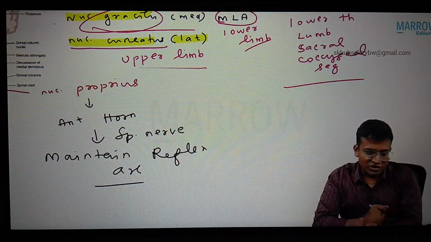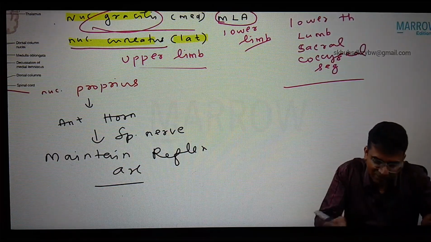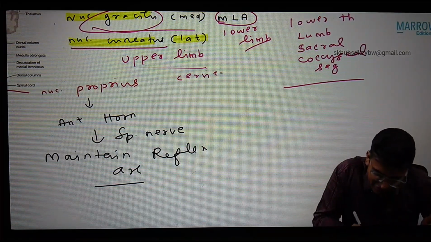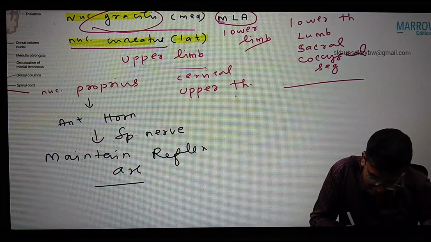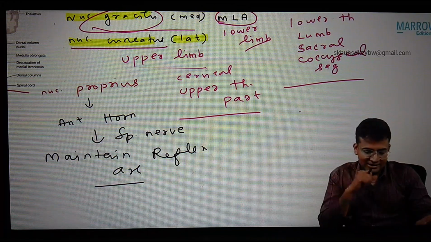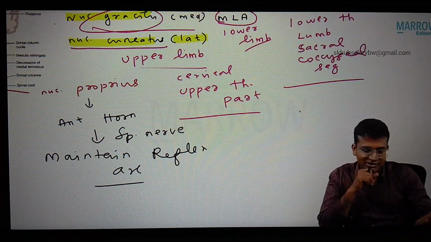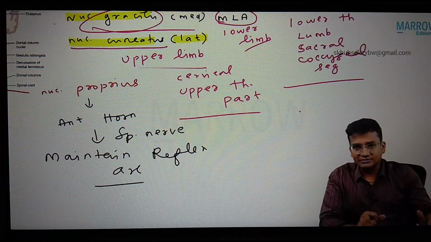Whereas nucleus cuneatus, the lateral nucleus for the upper limb, carries the fibers from the cervical part and the upper thoracic part. Right, so that's all about nucleus cuneatus and nucleus gracilis. That's all about the dorsal column tract.